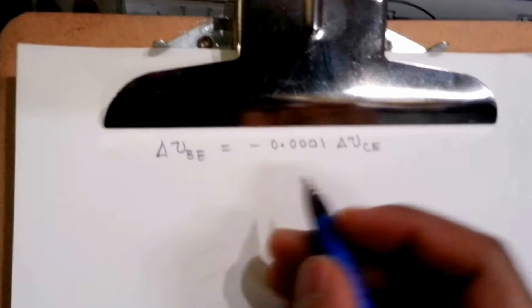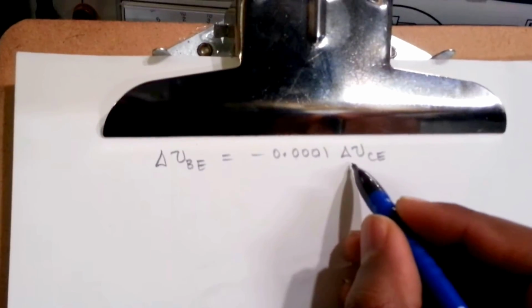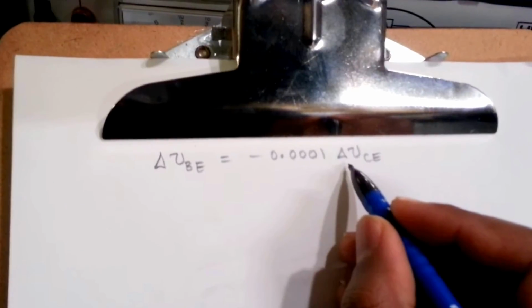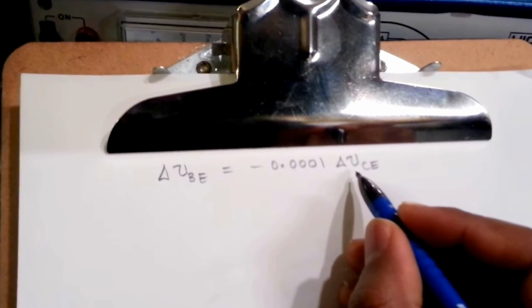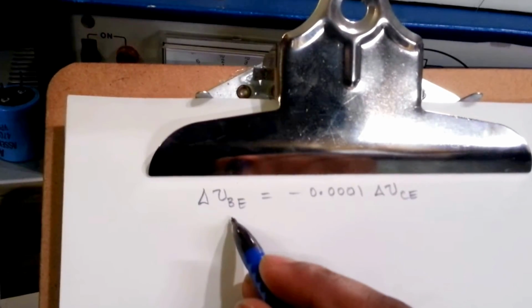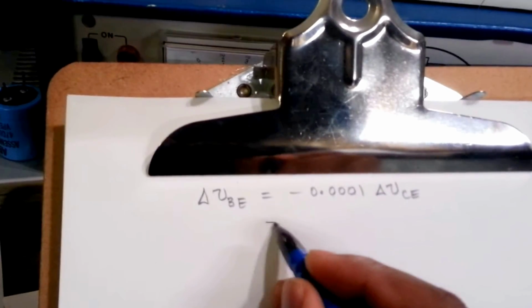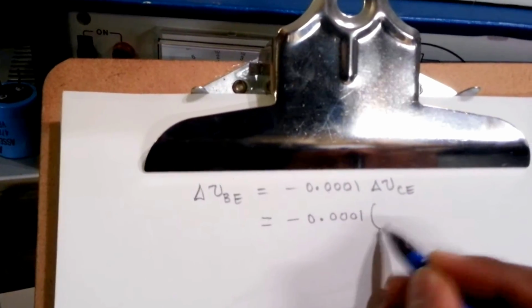Okay, so let's start with this relationship here. We know that this delta VCE is actually the compliance range. It's going to vary from 0 to, as we calculated earlier, 8.676 volts. So if we calculate the change in base voltage due to the Early effect using this relationship, it's going to be minus 0.0001 times delta VCE, which is the compliance range we calculated earlier.